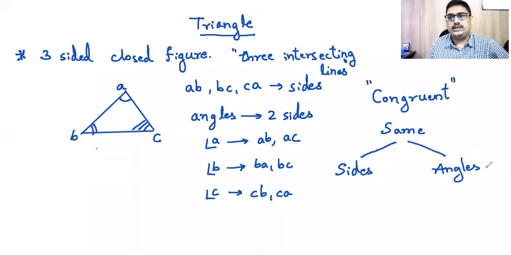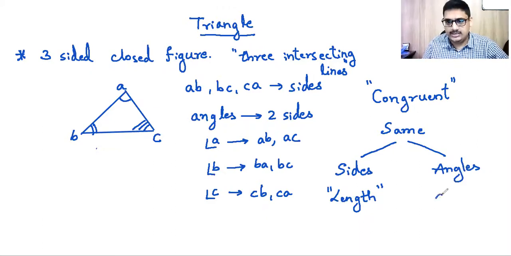In congruent triangles, that means two same triangles, the sides should be the same as well as the angles should be equal. Sides should be the same means we are going to measure the length, so the length of each side must be the same. Angle is a straightforward form of measurement, measured in degrees here.